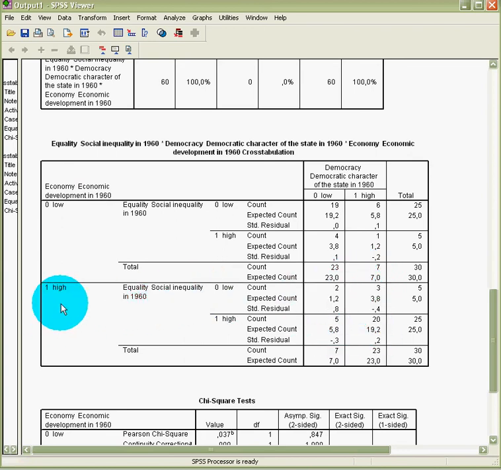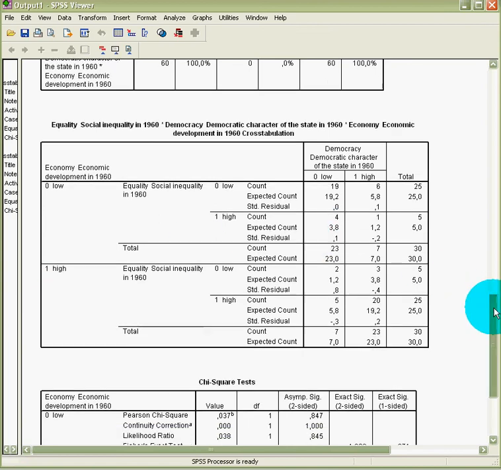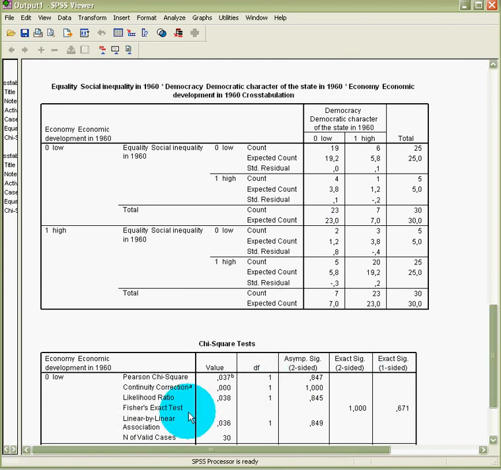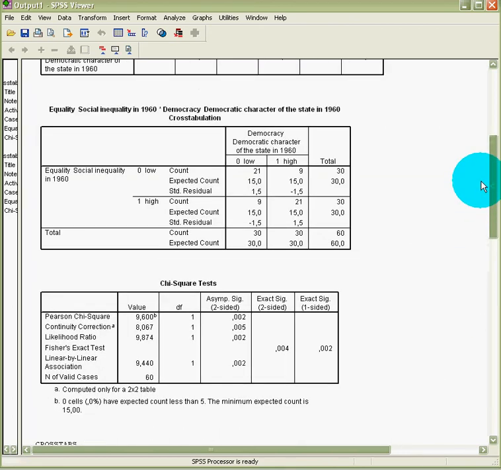If we look at this, we see that the chi-square is not significant anymore. In the first output, we thought, yes, there is a significant relation or a dependence between democracy and social inequality.